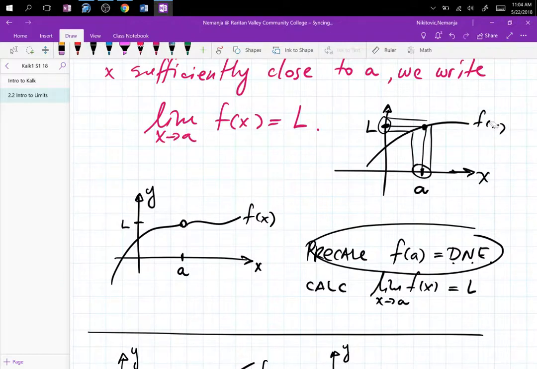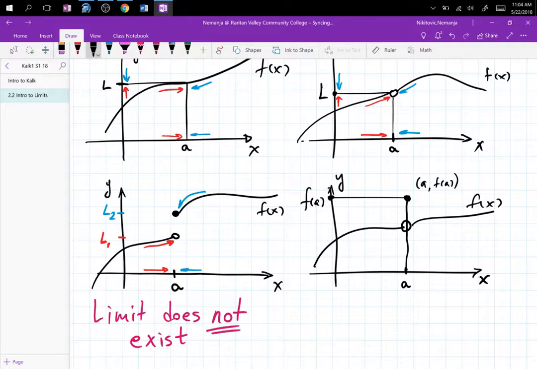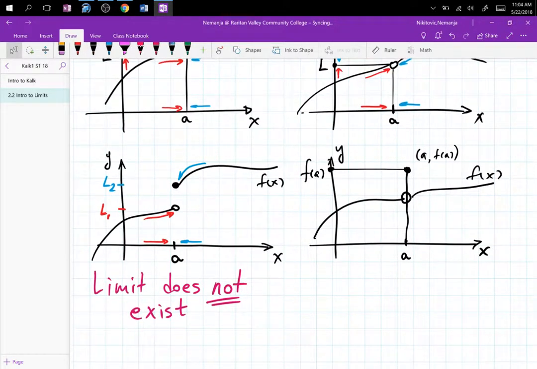Well, now it hits the point and bounces off onto y and creates the y value. So the y value of this point is the y value of the function. This is a piecewise function. The limit, if you go left and right and all of that stuff, will return this value here. So in this case, f of a and L are not the same, but they both exist.